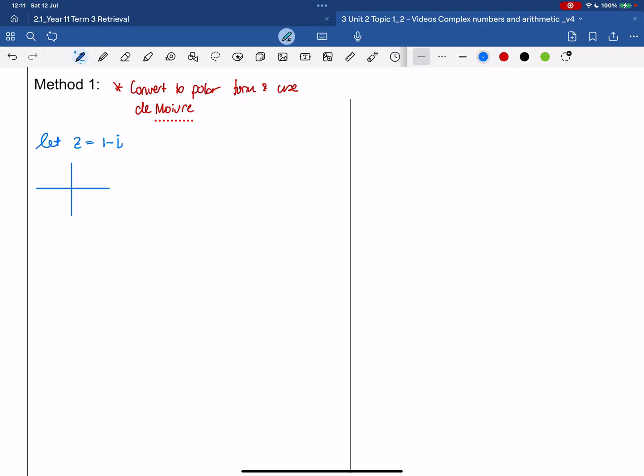And we're going to draw a little diagram. So we've got 1 and minus i. So this is where z is sitting over there. And that is going to be my angle.